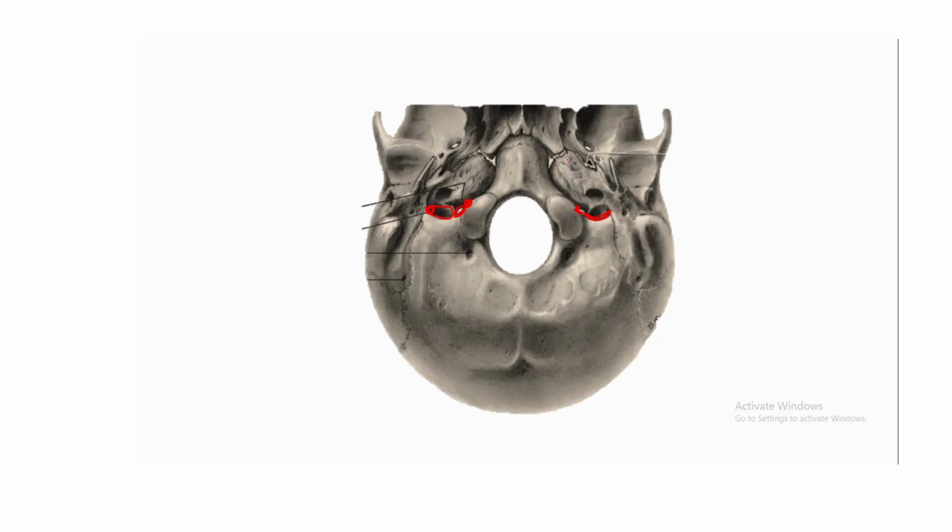It contains the perilymphatic duct, which is important for maintaining the balance of inner ear fluid pressure. So it lodges the perilymphatic duct so that the balance in the inner ear fluid pressure can be maintained through this.